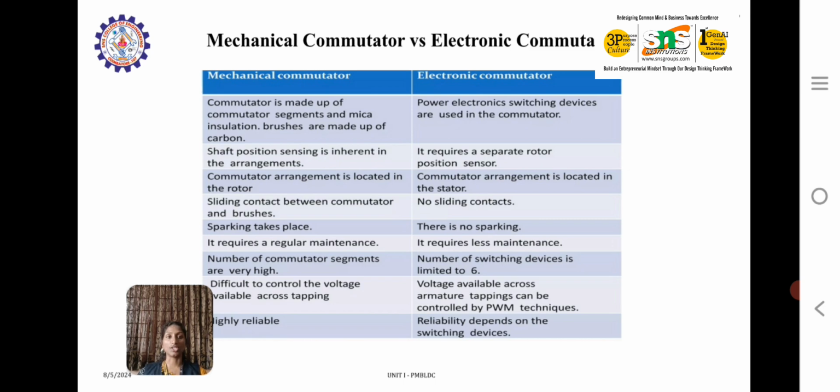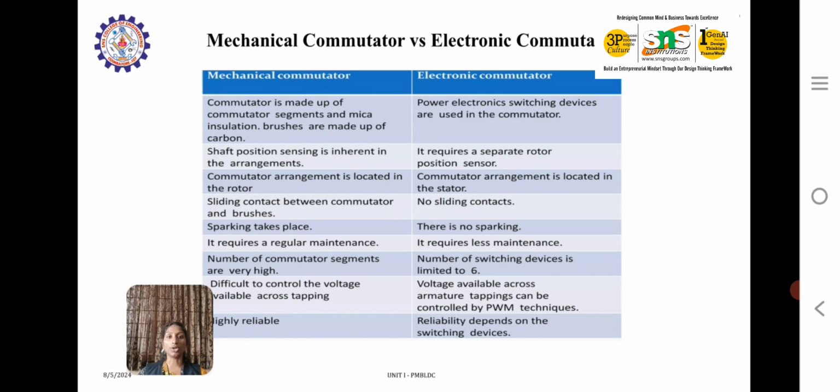Sparking takes place in the mechanical commutator and it requires regular maintenance, whereas there is no sparking in electronic commutation and the maintenance is less. The number of commutator segments is very high in the mechanical commutator, whereas in electronic commutators the number of switches is limited to 6.